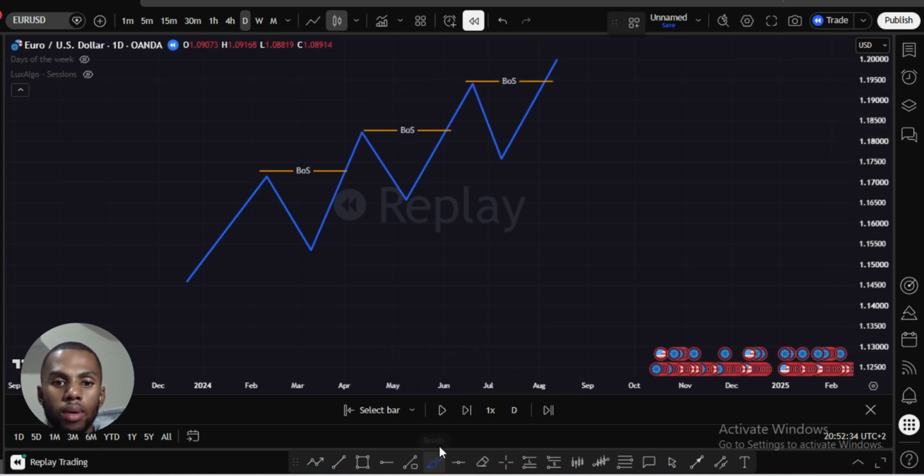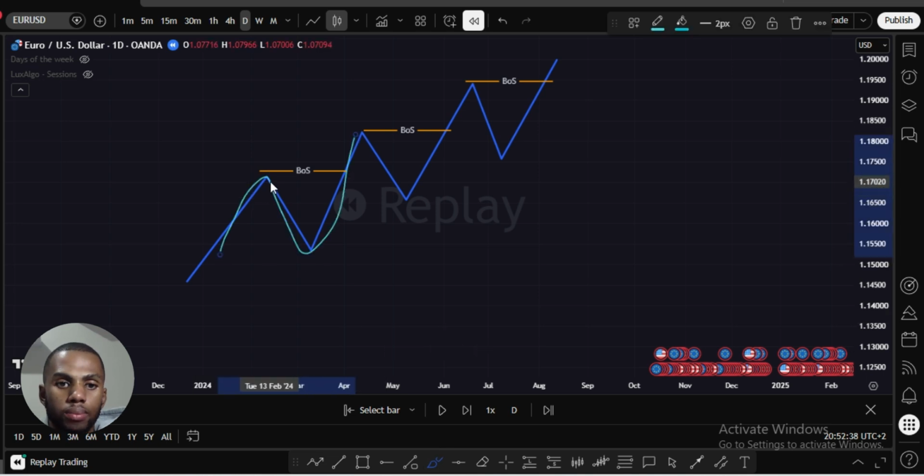So each time the market comes up or down, breaks and closes above this, it's a break of structure. Same thing. This is a break of structure. So that's how you identify a break of structure.